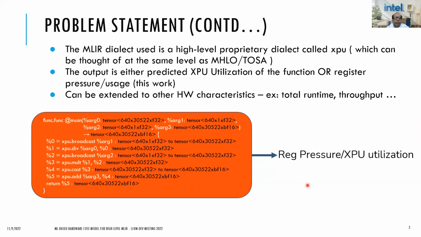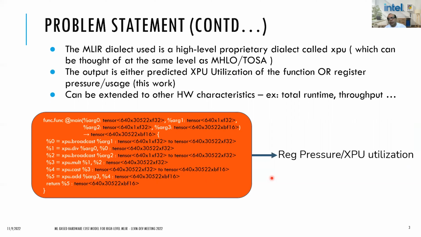What we want to do is take this MLIR representation, and from that representation, without actually running it through our compiler system, through our codegens, through our optimizers, we want to predict certain hardware characteristics. For our particular problem today, we'll just discuss two hardware characteristics, mainly register pressure and what we call XPU utilization, which is nothing else but, let's say, utilization of your vector units, utilization of your ALU, and things like that.